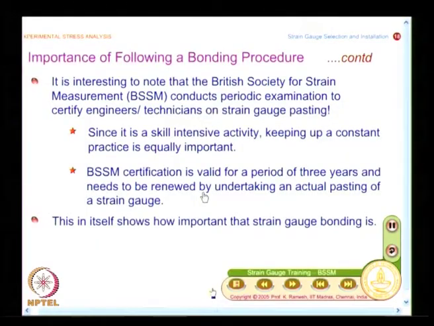Have you been pasting strain gauges, and do you know the nuances of it, and are you able to make, for simple problems, the results from strain measurement match closely with the analytical or numerical solution that is available. So, the very fact that a professional society conducts an examination and the certificate is valid for a period of 3 years shows how important strain gauge bonding is.